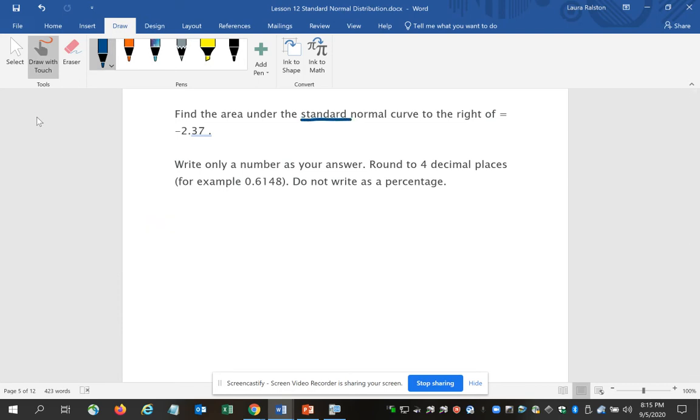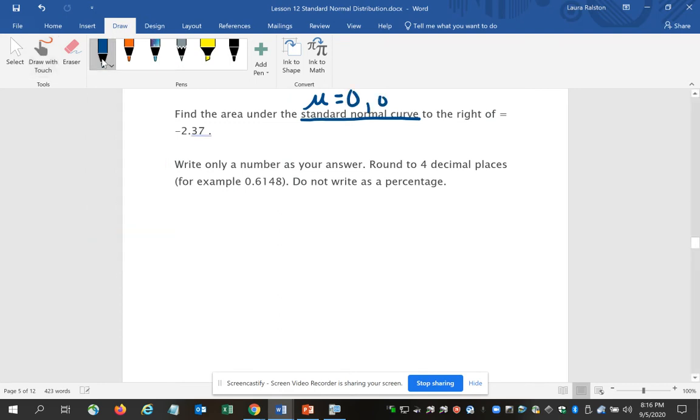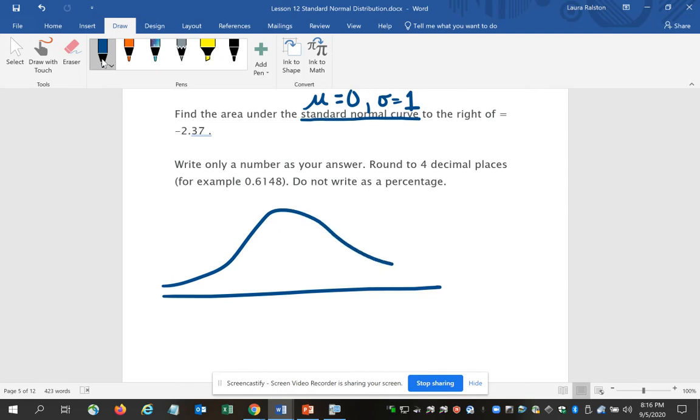Again, the fact that it says standard normal curve, I know automatically by definition the mean is 0 and the standard deviation is 1. So if I start drawing my curve, I have my horizontal axis and my bell-shaped distribution. The mean is in the middle, which is 0.